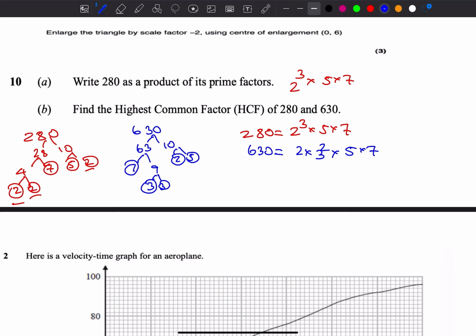For the highest common factor, it needs to be the common numbers with the lowest power, right? 2 is common, so the lowest power, 2 to the power 1, technically 2. 5 is a common number. 7 is common. That's 10 times 7, 70. It's your highest common factor. Okay.